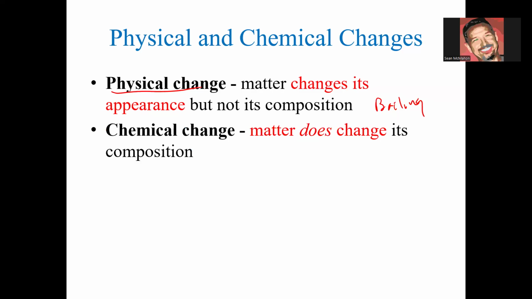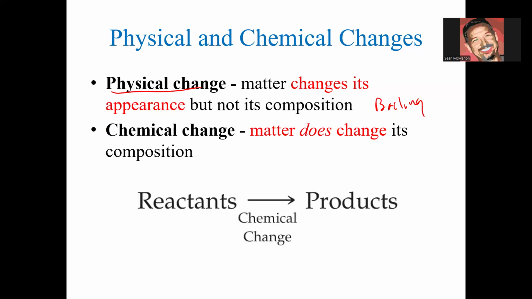Well, what about a chemical change? Well, that's different. Now I'm changing composition, right? So it's no longer the same thing, okay? That's when we need to write out reactions. And what you start with is the reactant. The reactant is the starting material. That's what you start with. You break bonds in these reactants.